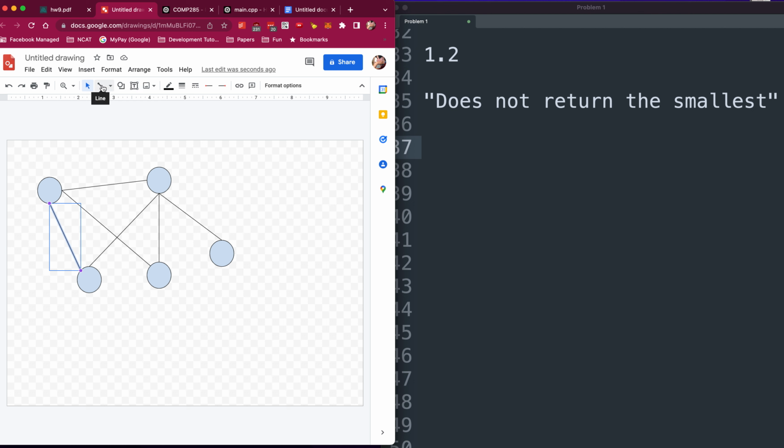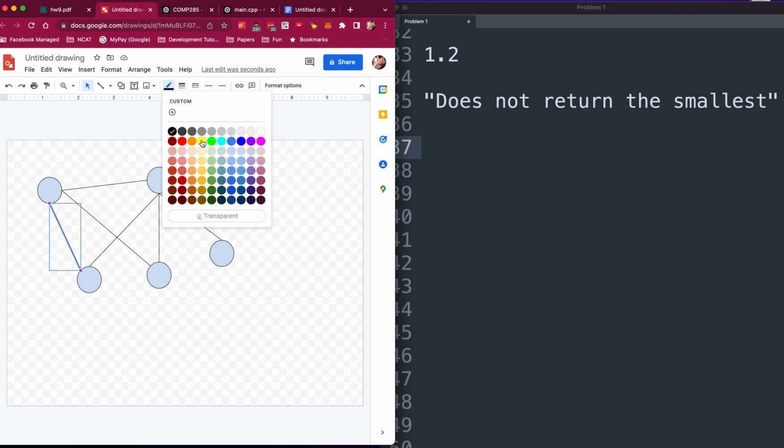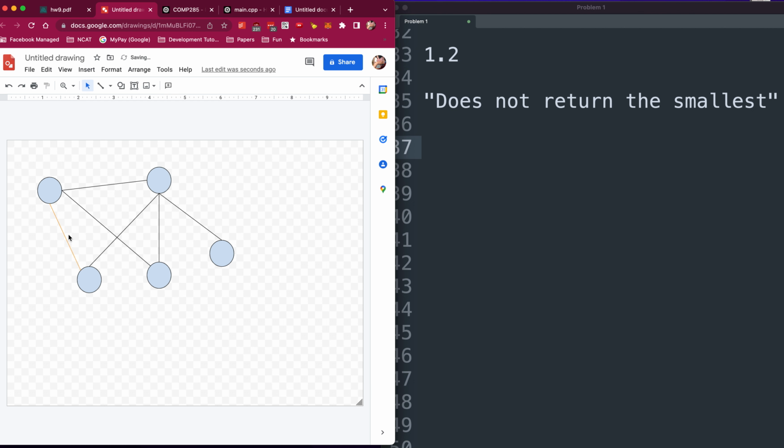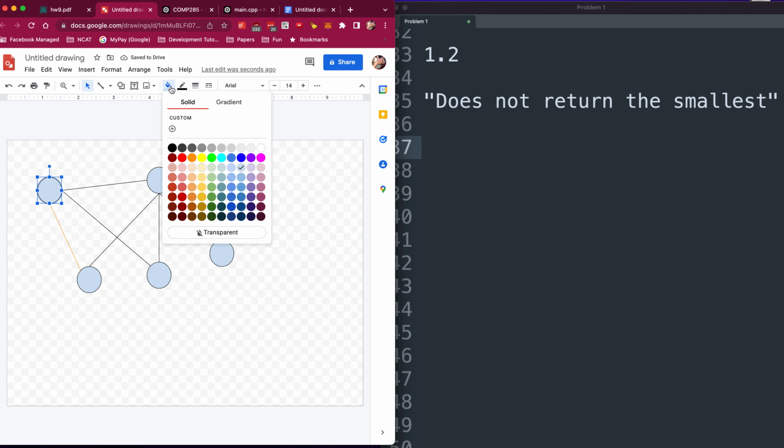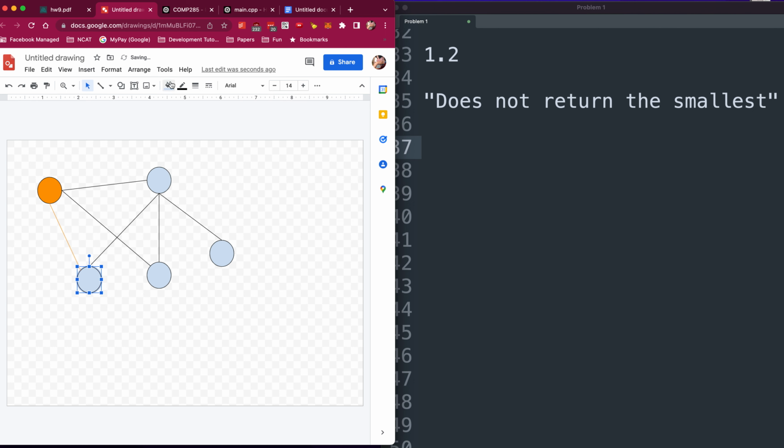Again, we don't tell it which edge to pick. You can pick edges in any order. So it picks this edge first, which means it's going to add this node, which is good, and it's going to add this node. So that alone, it is already adding 2 nodes that are not sufficient. And actually, now that I think about it, the graph we had originally also works.